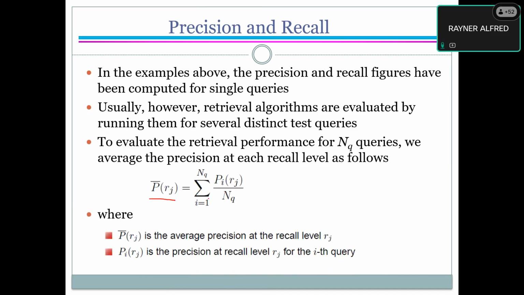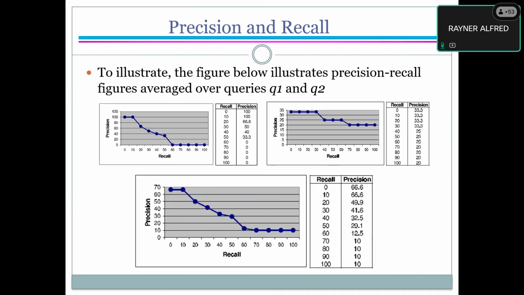So this is based on the number of queries that you have. So we want to look at the average position given the number of queries. Okay, so this is the average position at the recall. So if we have, this is the result for query number 1, this is the result for query number 2.